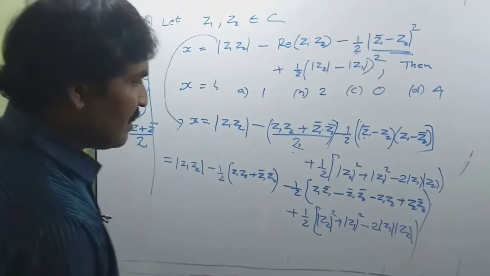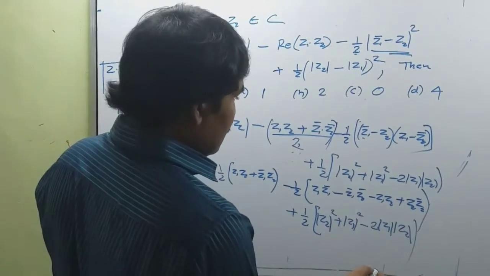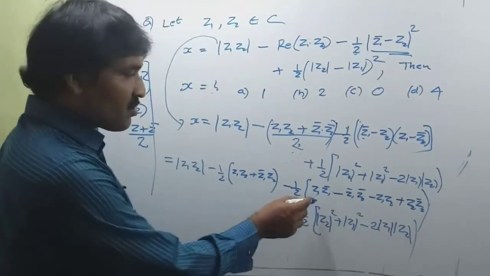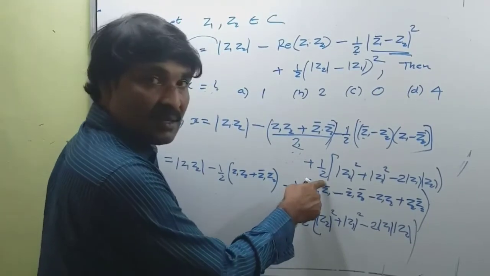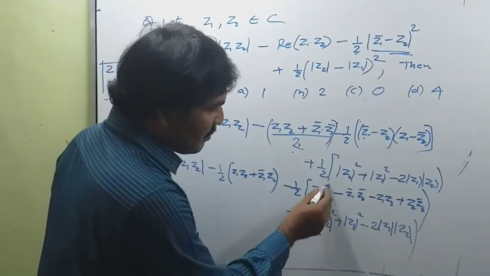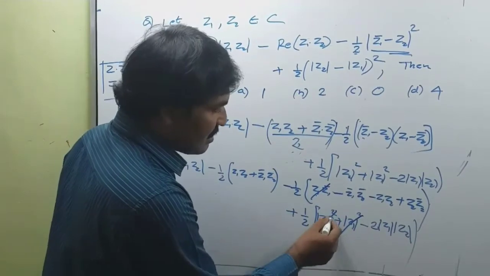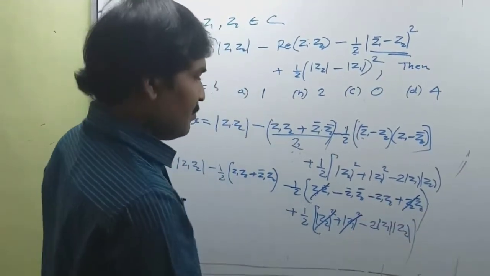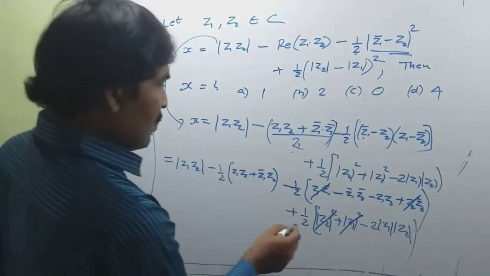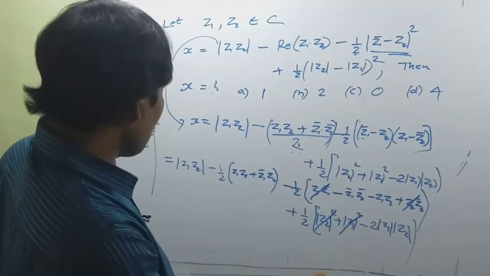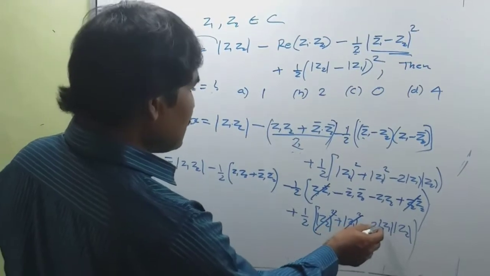Now Z1 into Z1 conjugate becomes mod Z1 square. So this term and this term get cancelled, this term and this term get cancelled. Now mod Z1 Z2 here and here it is minus mod Z1 Z2.